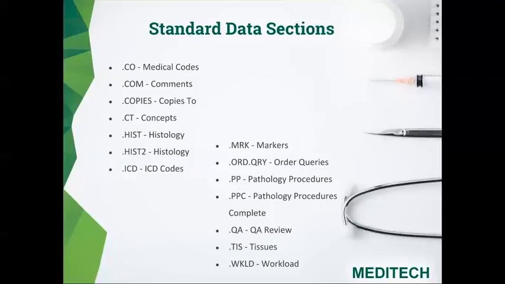The next two data sections are fairly similar, the .hist and the .hist2 data section. Both of these data sections are used for histology. However, the .hist1 data section is used to list the tissues that make up the pathology specimen. For instance, the histologist codes the number of blocks, cassettes, and levels created for each piece of tissue in a pathology specimen.